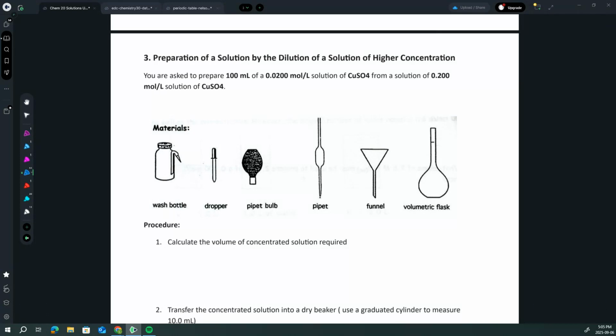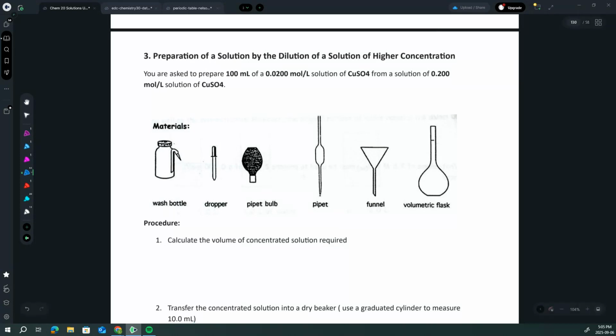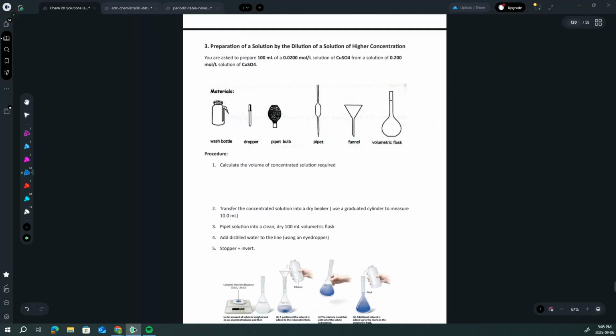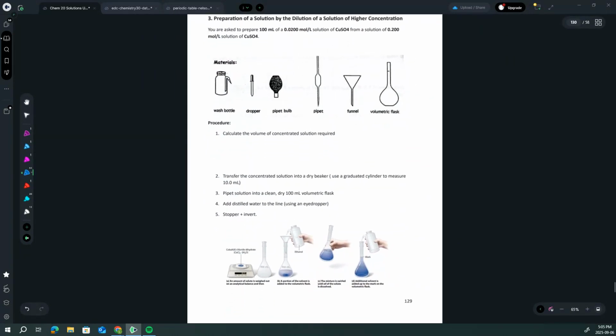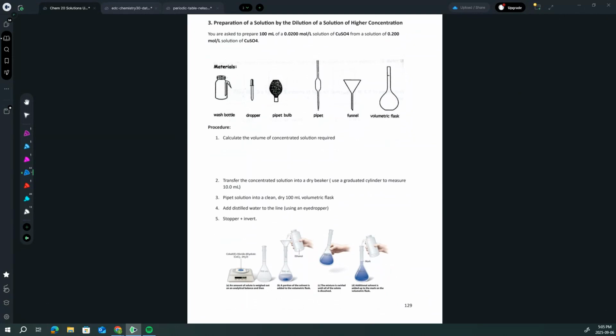So in this question here, let's zoom out a little bit. It says it's the preparation of a solution by the dilution of a solution of a higher concentration.